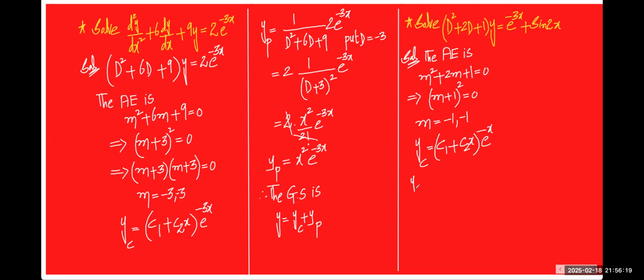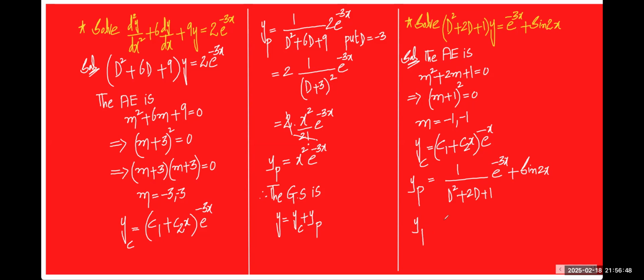Yp is equals to 1 by (D square plus 2D plus 1) into (e power minus 3x plus sine 2x). Now distribute this for e power minus 3x and similarly for sine 2x.